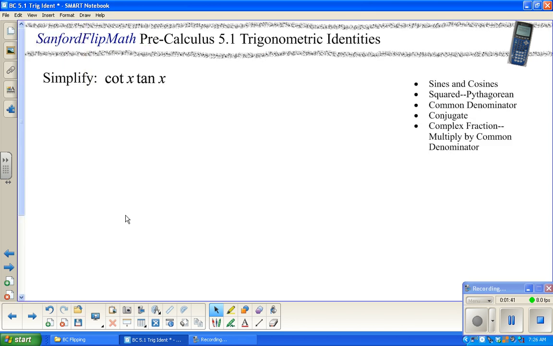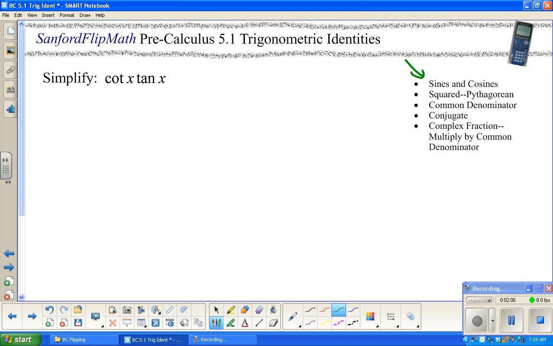Okay. We're going to focus today on two ideas. One is simplifying trig functions, equations, and we did a couple of examples of that in the last video. I just want to focus on some specific techniques. One, if you're not sure what to do, one recommendation is go to sines and cosines.